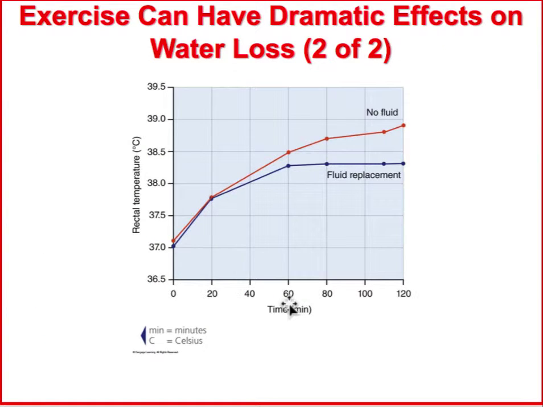So it doesn't mean that losing body water while you're exercising is not something that you should try to avoid, but you shouldn't be as hypervigilant about it as, I guess, the Gatorade companies and the sport beverage companies hope that you will be in order to consume their beverages.